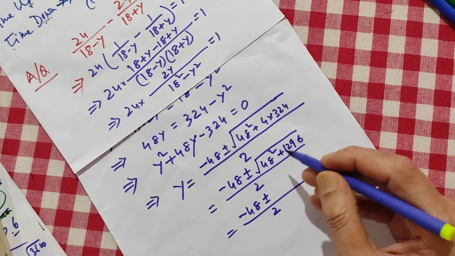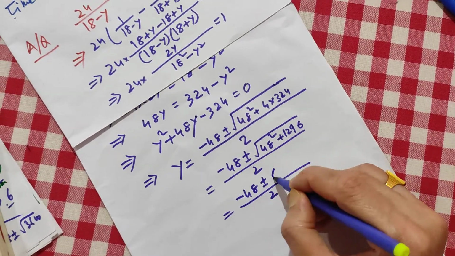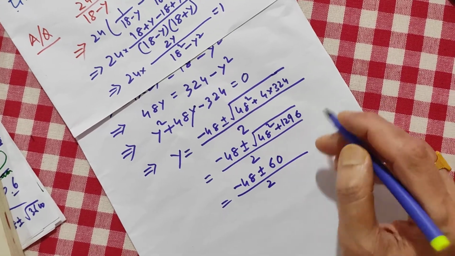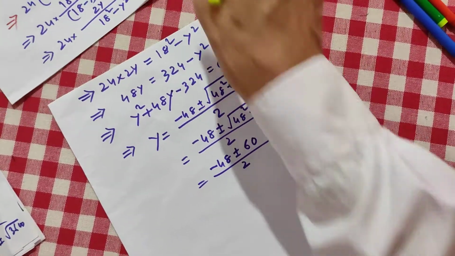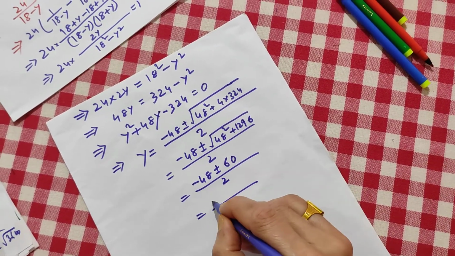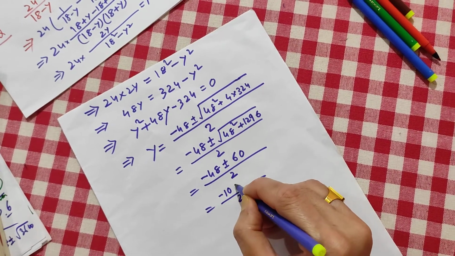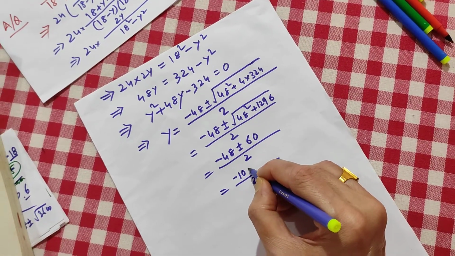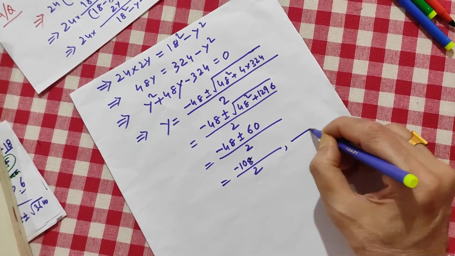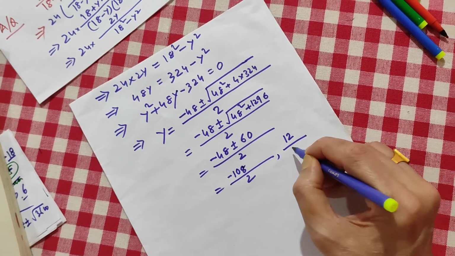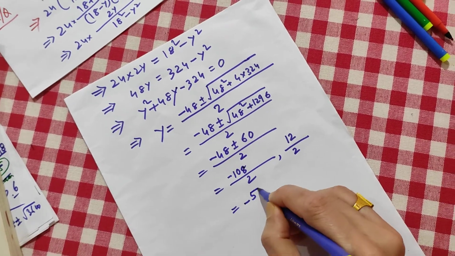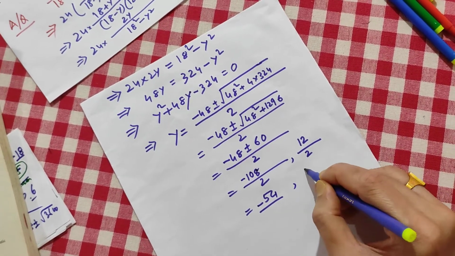You work out this value, 48 square plus 1296, and you will get 60. So finally you get, over 2, one value minus 48 minus 60, which will be minus 108, and another value will be 12 by 2. So one value will be minus 54 and the other value will be 6.